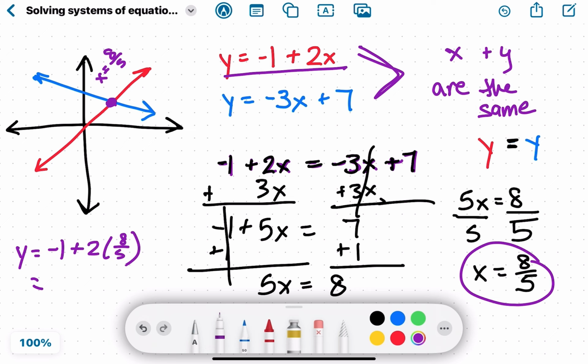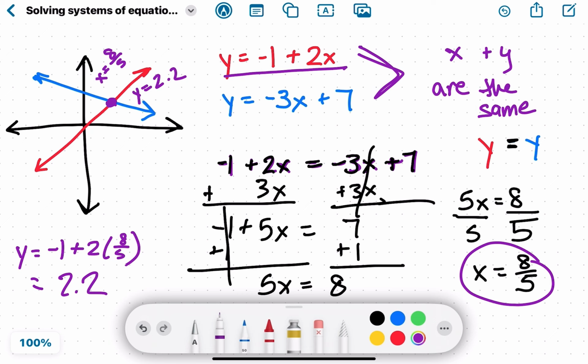So that is equal to 2.2. So our y value on the purple point, the purple y, would be 2.2. And there we go. That is a solution to this equation.